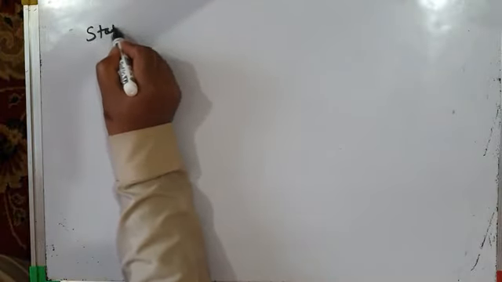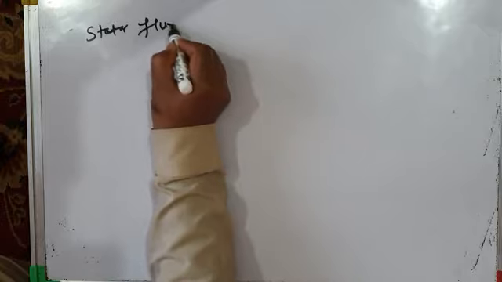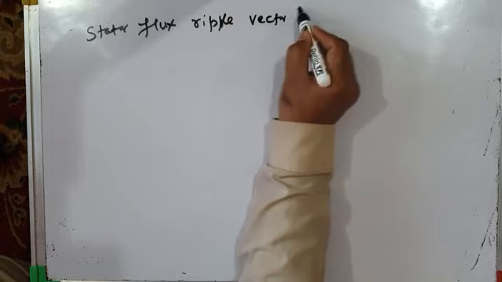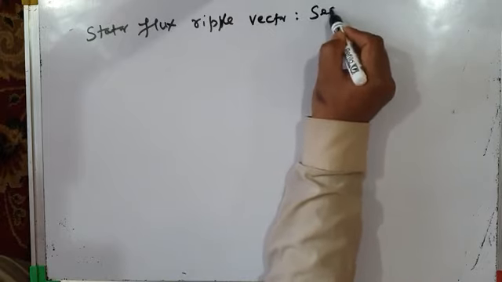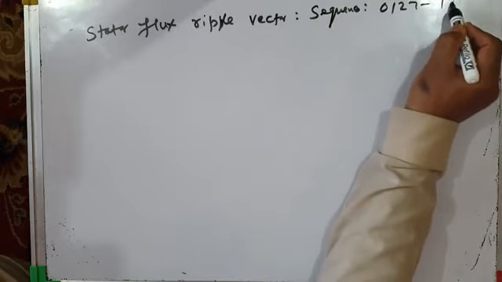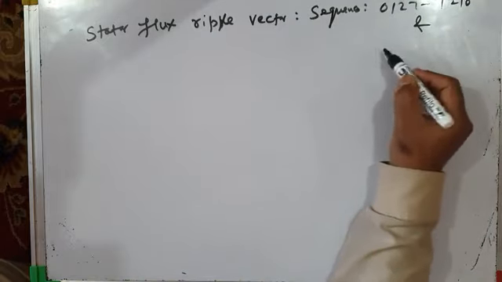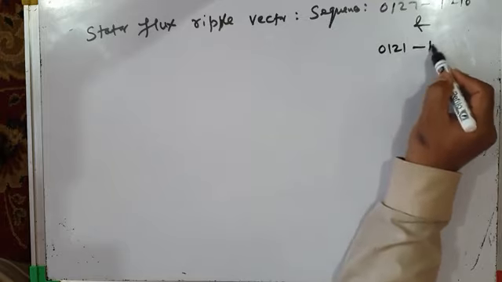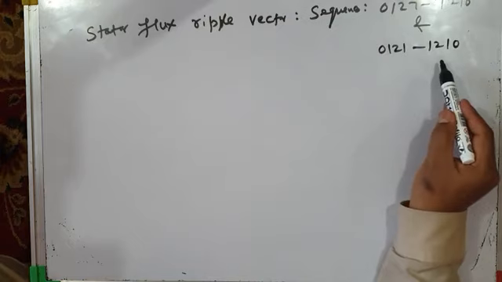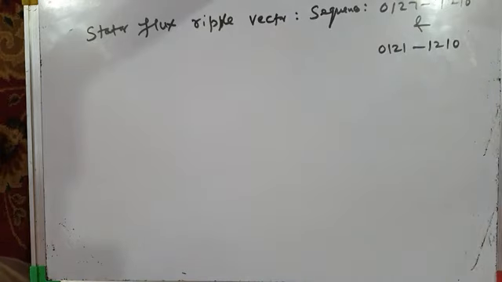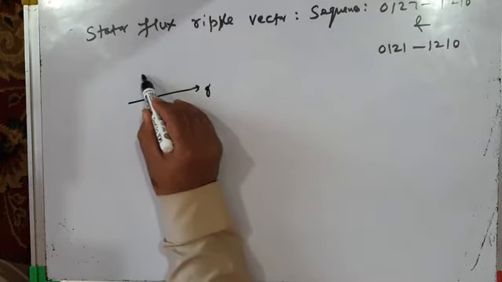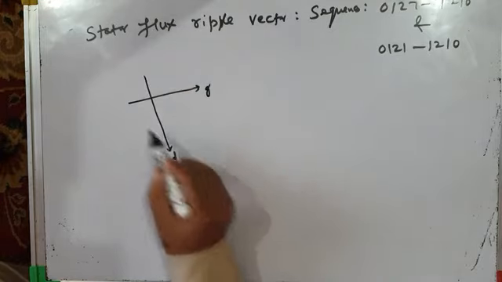We will now discuss the stator flux ripple vector, and we will use these sequences: 0127, 7210, this is conventional, and 0121, 1210, this is the double switching clamping sequence, that is the advanced bus clamping sequence.